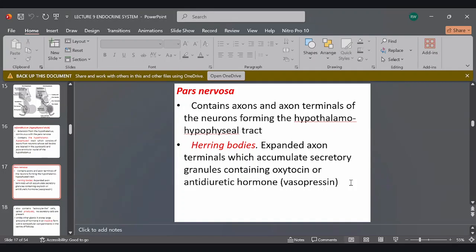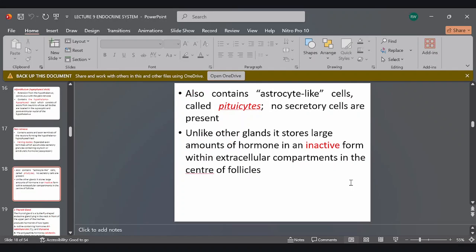These Herring bodies are the expanded axon terminals, which accumulate secretory granules containing oxytocin or antidiuretic hormone, what we now call vasopressin. Now it also contains astrocyte-like cells called pituicytes. Secretory cells are not present here.